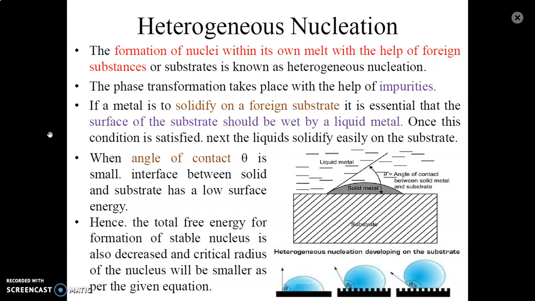Heterogeneous nucleation is somewhat different from the homogeneous. The formation of nuclei within its own melt with the help of a foreign substance or substrate is known as heterogeneous nucleation. So here you can see we have a substrate.